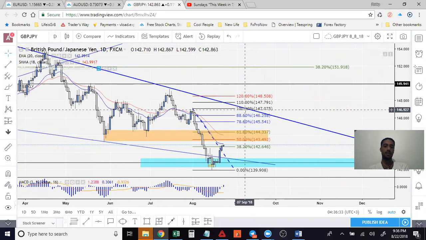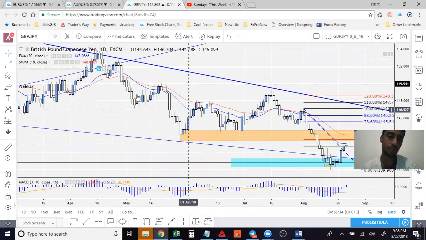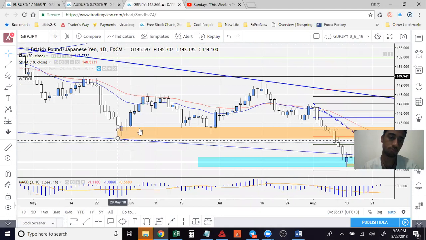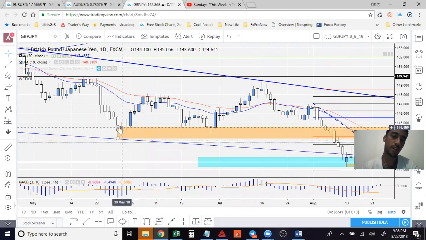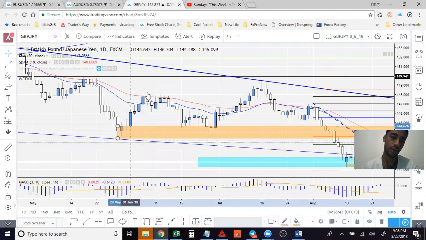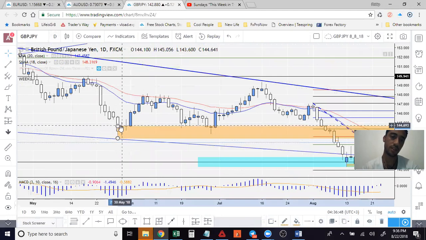Oh yeah, on the daily. So this is how you draw your supply and demand zones: previous candle's wick to the breakout candle's body, into the future.